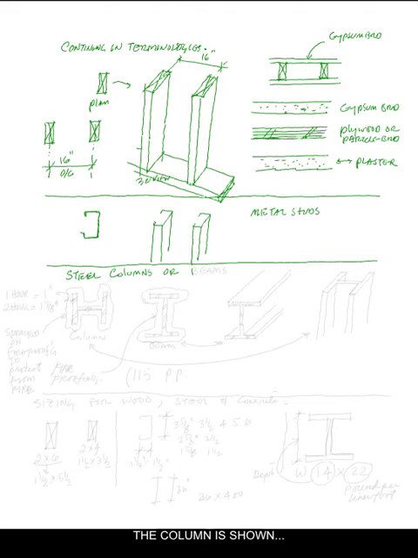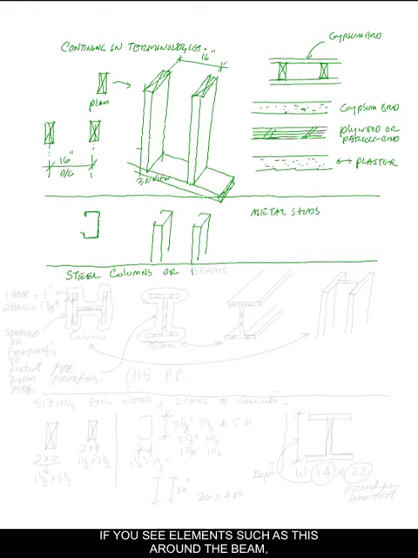The column is shown in this manner. So this would be the column, this would be the beam, and that's how you see them.